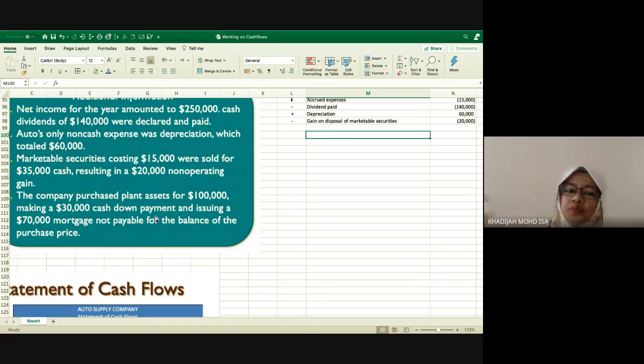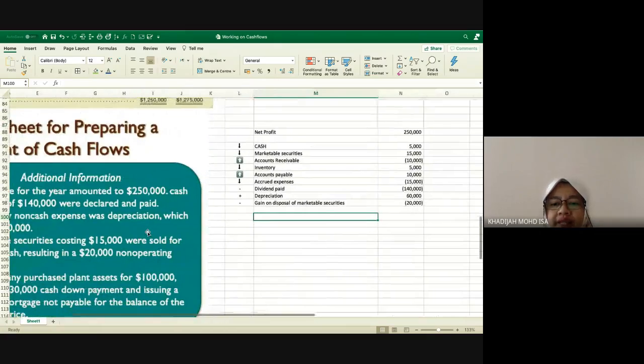You are going to put that under investing activities. The cash payment will be a cash outflow under investing, 30,000. But the 70,000 is a liability, a mortgage note payable, which means it's a long-term mortgage. You only will pay the mortgage later. All right, so that's the information that you have.